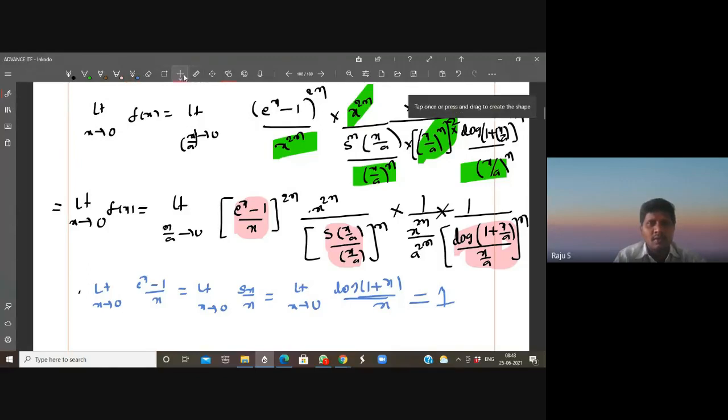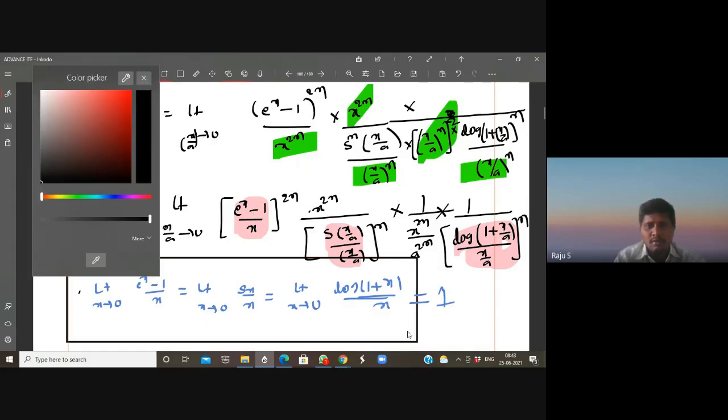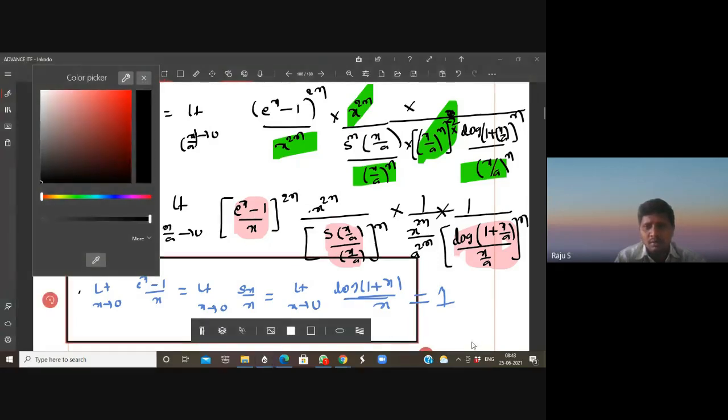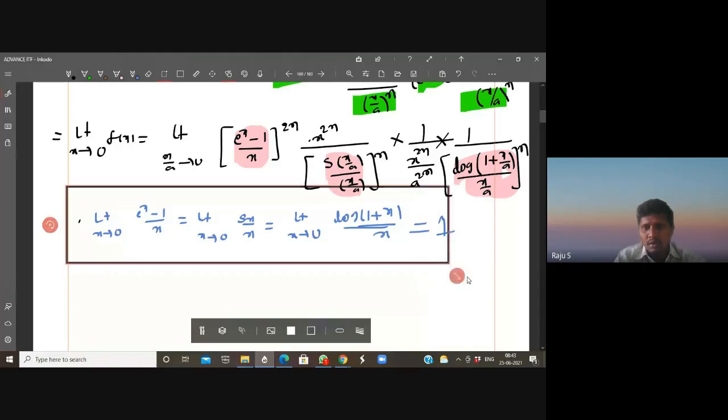It is always equal to 1. Three formulas I have written at one place. Okay. Is it clear, students? Right.